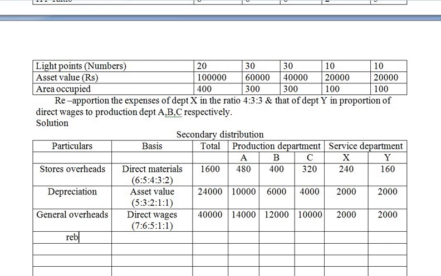Now rent and rates. Now rent and rates is related to what? Rent will be paid based on area occupied.